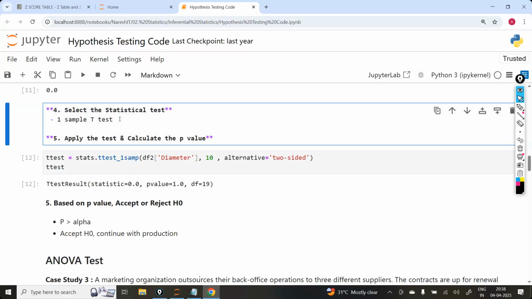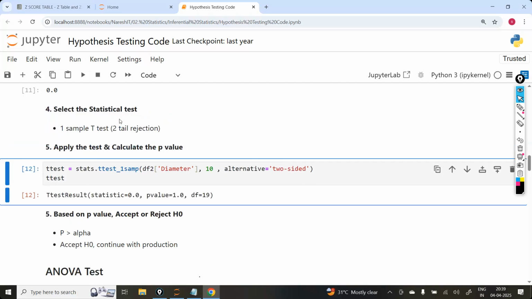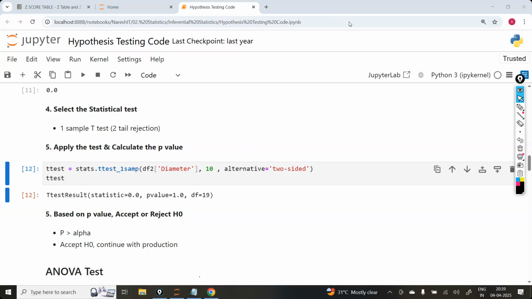The one sample t test with two-tail rejection. In the bracket, don't forget to write two-tail rejection, because here you have to write the alternate. The alternate will be decided based on the null and alternate hypothesis symbol. So it is a two-tail rejection. Clear, guys? Everyone? This example is clear. Does anyone have any questions?